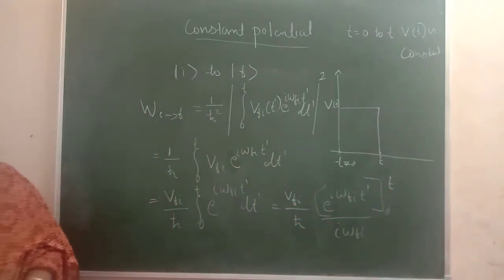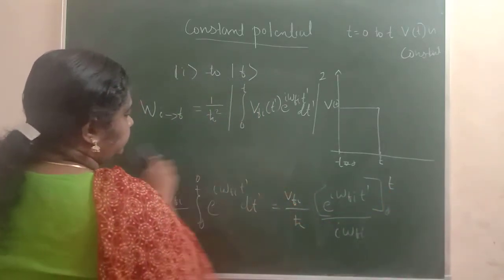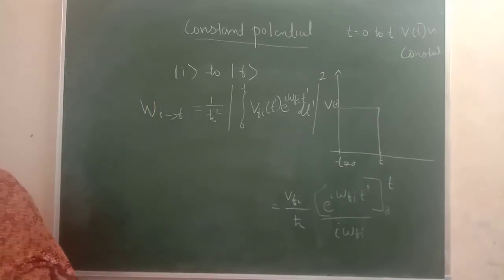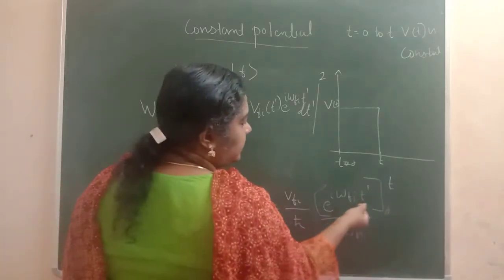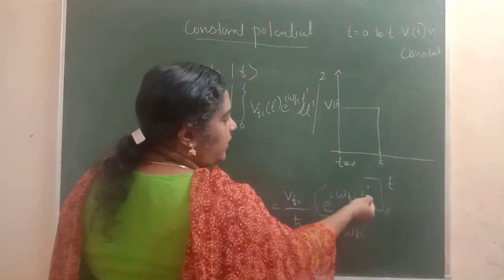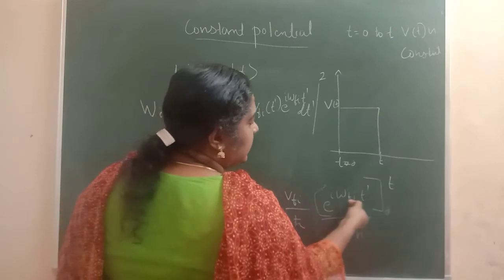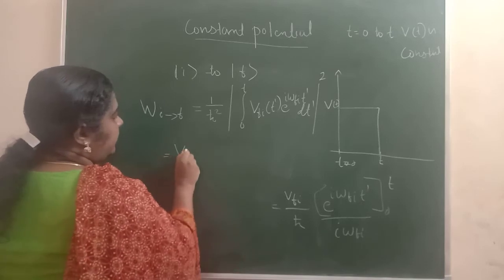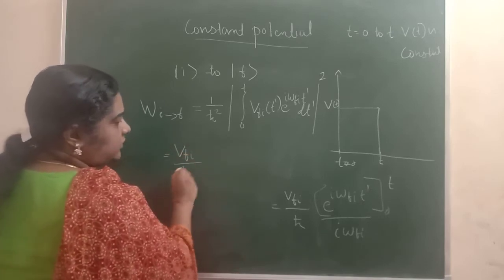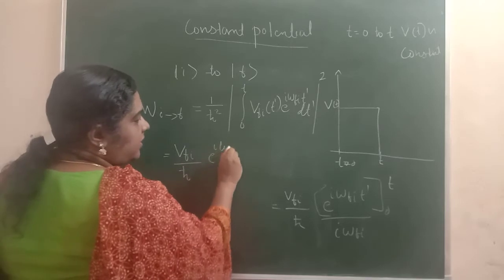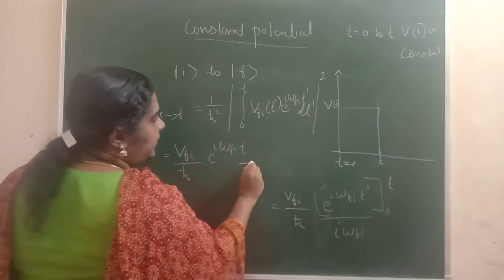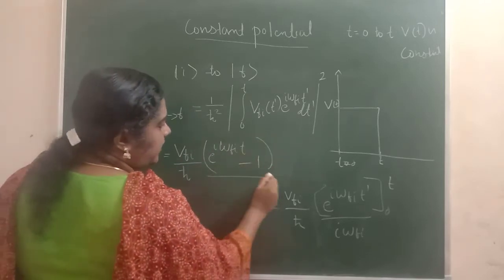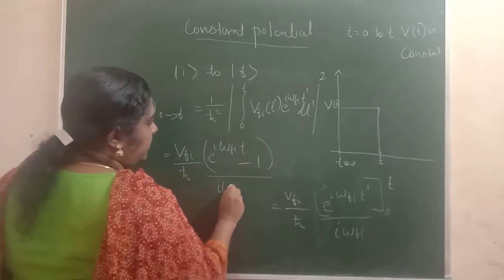Giving the limits, we get V fi by h cross, e raised to i omega fi t minus e raised to 0, which is 1, divided by i omega fi.